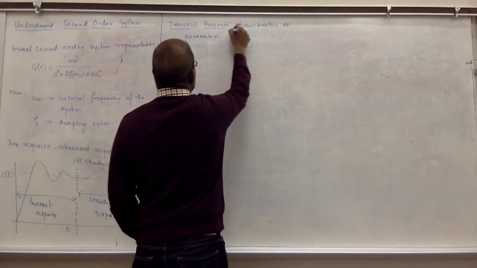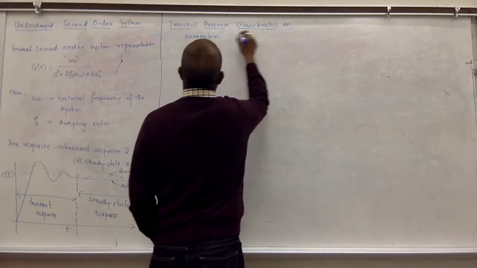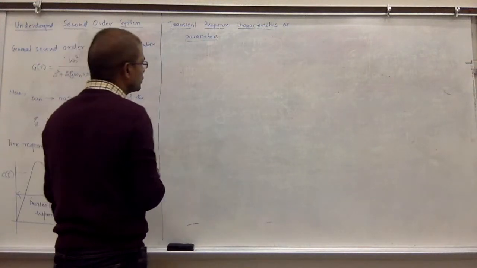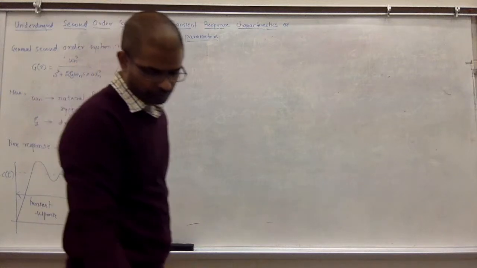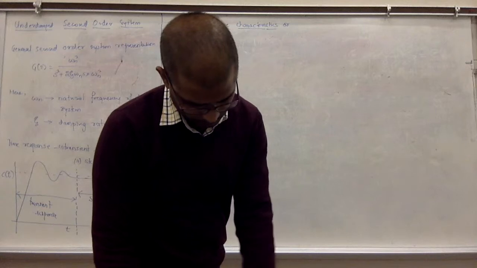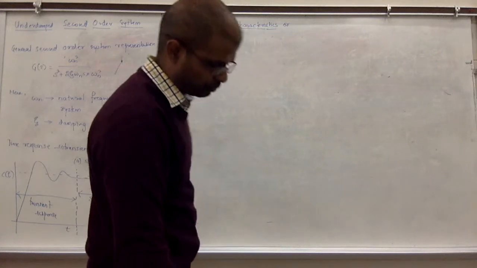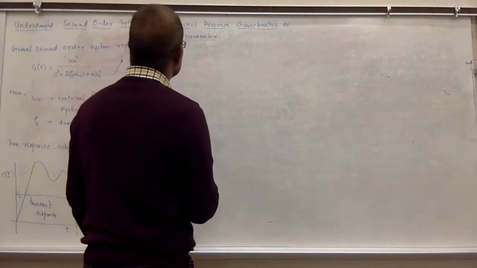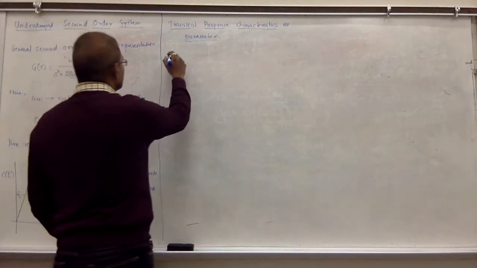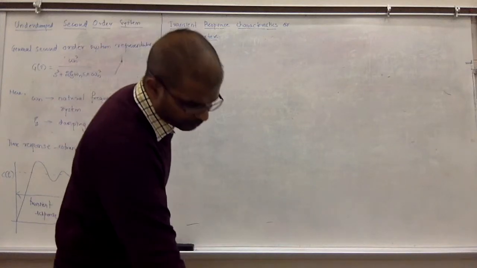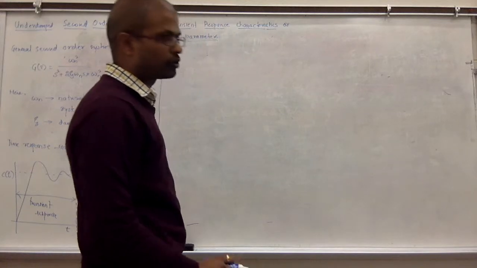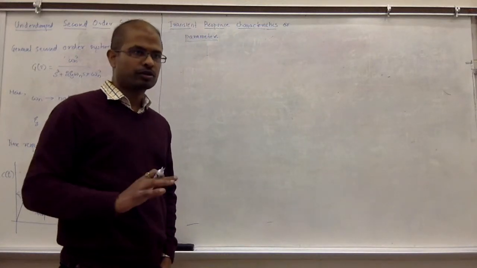So what are some of the transient response characteristics you have looked at already? Do you remember? The overdamped, underdamped, critically damped? No, those are the types of responses. Characteristics, parameters. Response characteristics. Everything is clear with response?